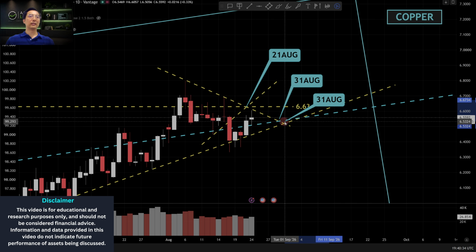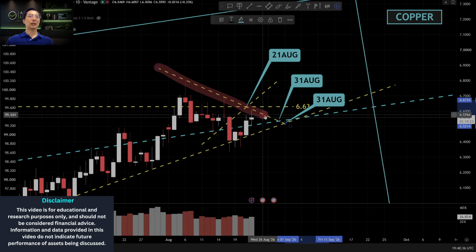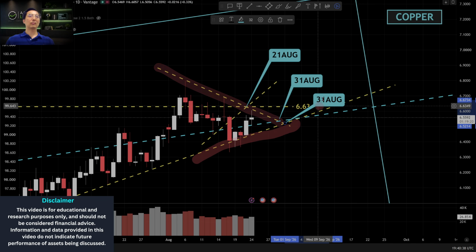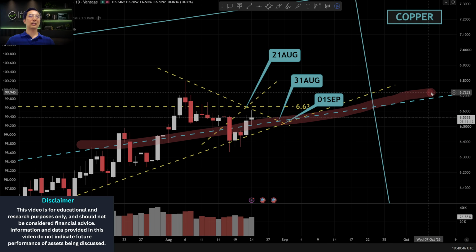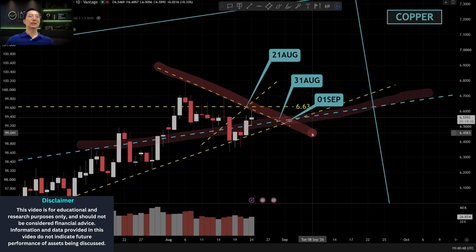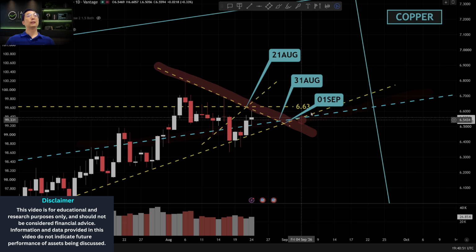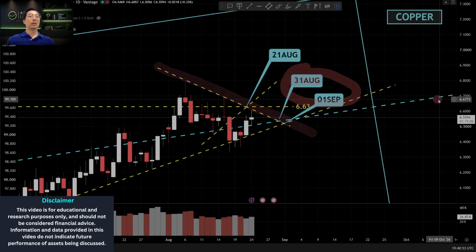Because the yellow lines, the one coming down and the one going up, cross on the 1st of September. But if we count the center line, the blue line, and the resistance line over here, that's 1 day earlier.